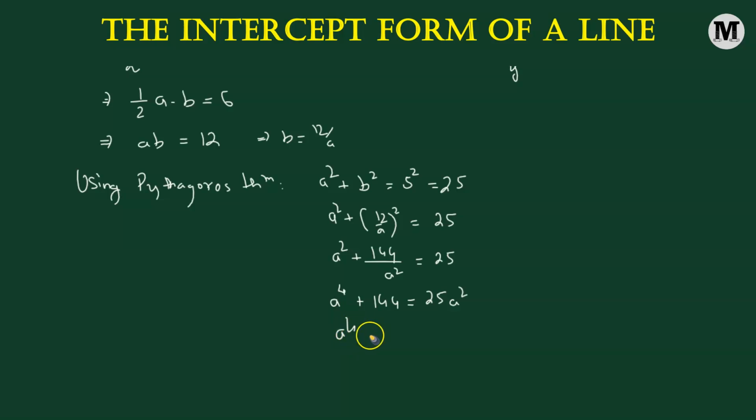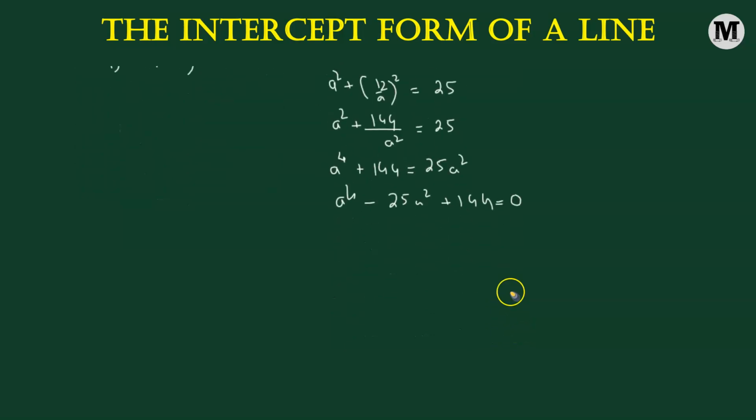Now we have A raised to the power of 4 minus 25A squared plus 144 equals 0. What we have here is a biquadratic equation, so we can factorize it to obtain the value of A squared. We get A squared minus 16 multiplied by A squared minus 9 equals 0.